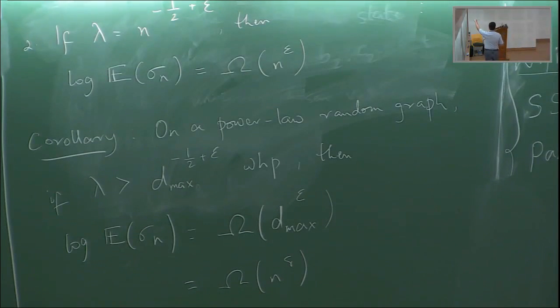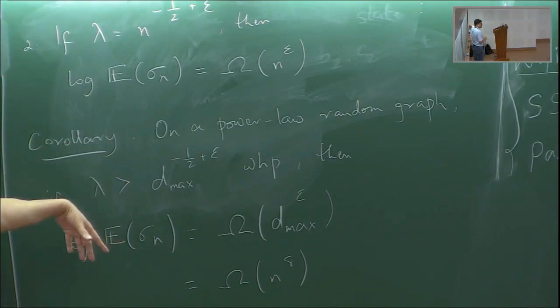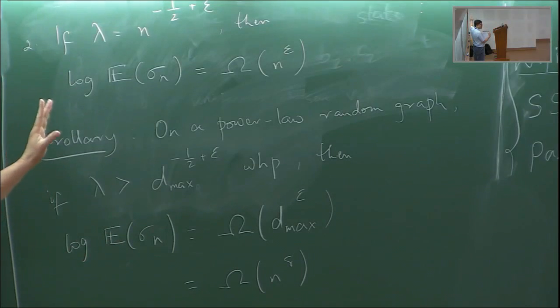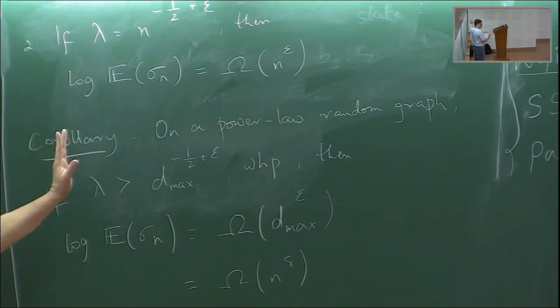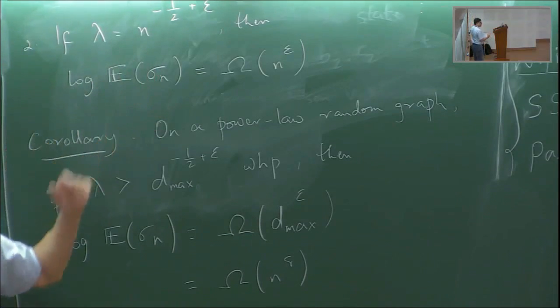So, maybe just to compare with the results of Berger et al. What they were looking at is, if lambda is strictly positive, not depending on n, then similar results are true. So we are looking at a range where lambda is much smaller than any constant, but is growing bigger than n to the minus half.